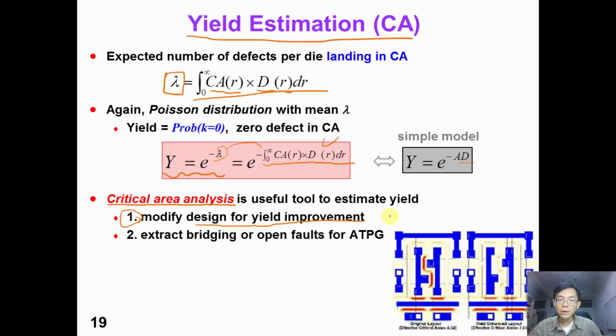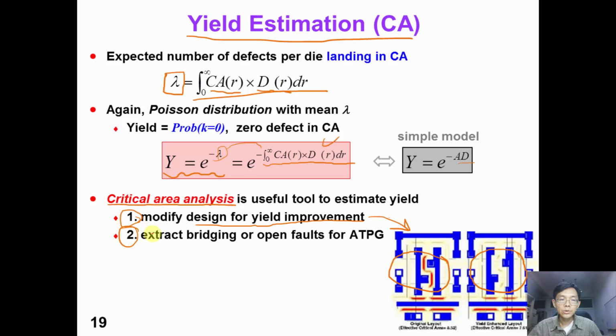For example, given this layout, after critical area analysis, we see some hotspots where the critical area are highlighted in red color. We can somehow change the layout a little bit to remove the critical area in the middle, so that we can improve the yield.